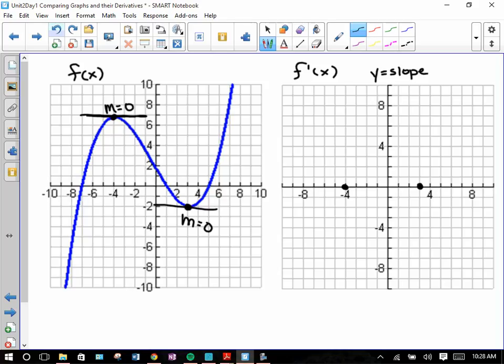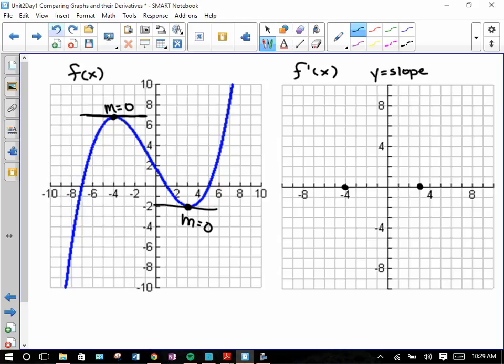Now, let's look at this. From negative infinity all the way to negative 4, are my slopes going to be positive or negative for my tangent lines? Positive. So that tells me that the y value of my first derivative should also be positive. If I were to draw in tangent lines here, are the slopes of these tangent lines going to be increasing or decreasing?